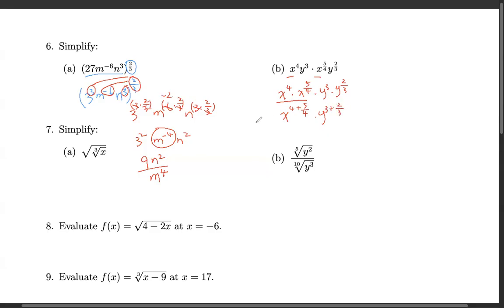So notice the difference from here. Here we have 3 raised by 3, then again raised by 2/3. So we have one base and 2 layers of exponents, so we multiply the 2 layers of exponents. But here we have the same base, so we add the exponents.